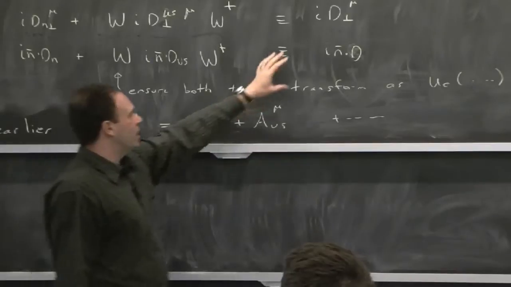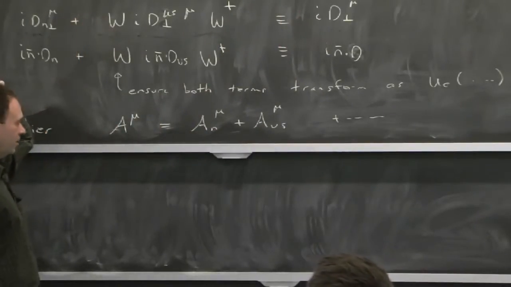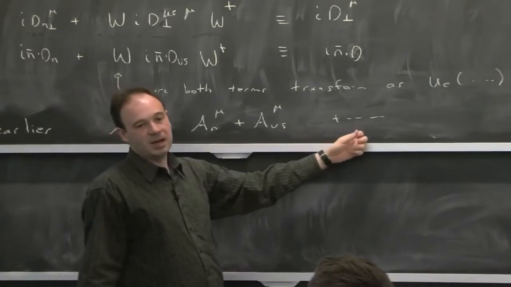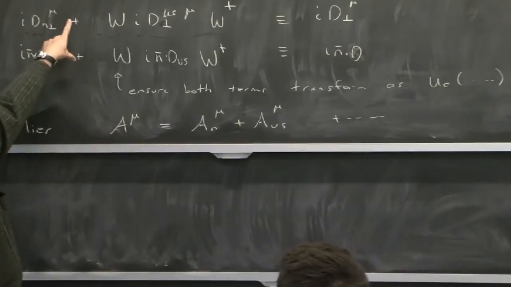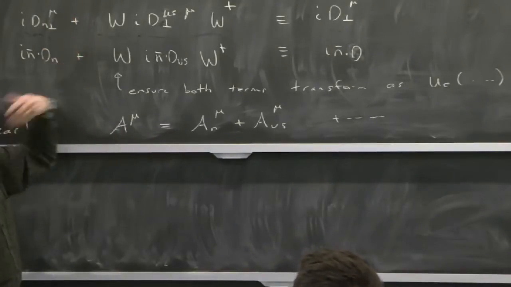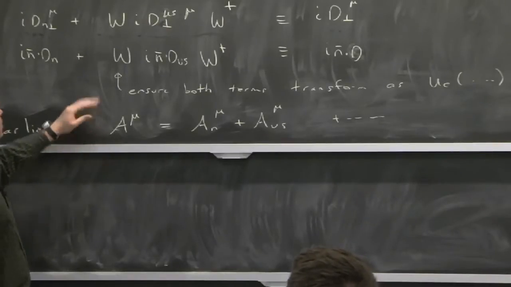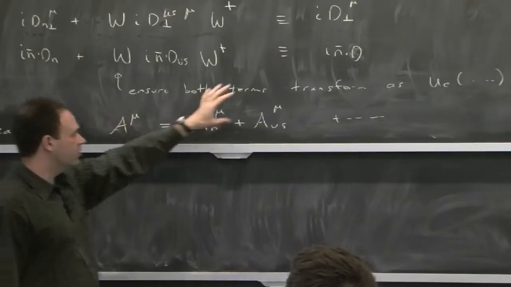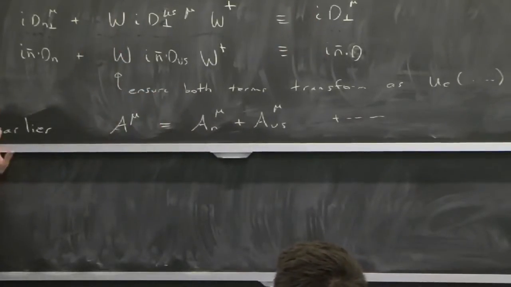And so if you thought about the A in here as sort of a full theory A, and the A's in here as effective theory, you could derive a formula like this one, but it would involve more complicated stuff. It's not good to think about it this way. It's better to think about it in terms of the covariant derivatives, because then you're already thinking about gauge invariance. So this formula was useful earlier, but it's actually these formulas here that are the more useful way of thinking about taking full theory derivatives and turning them into effective theory results.